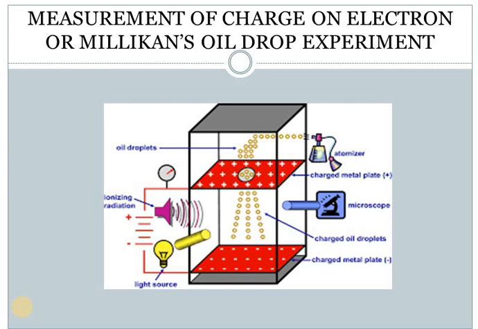Now they have shown two charged plates, one positive and the other negative. There is a microscope, you can see in the diagram, and they have also shown that a light source is present, which is ionizing whatever air or gas you have introduced in this chamber, that is, ionizing radiation.